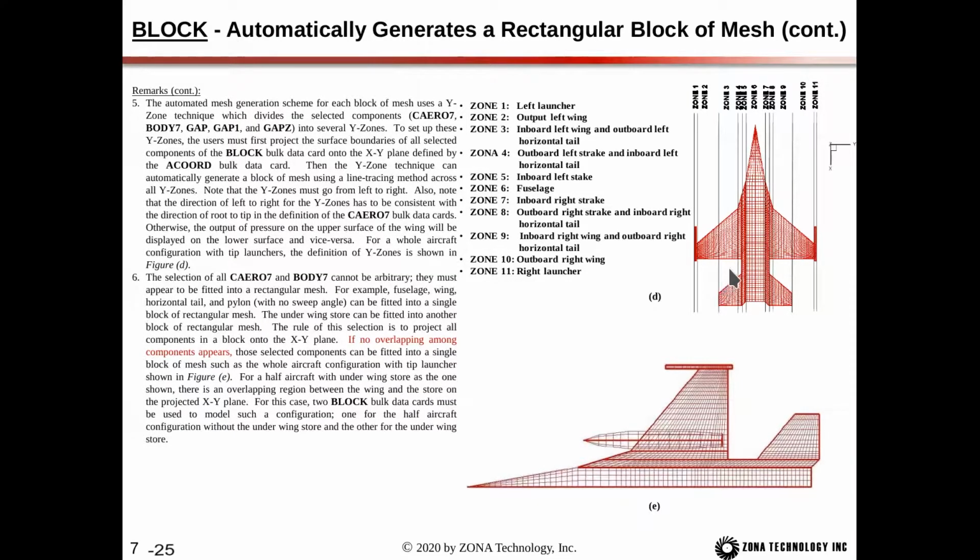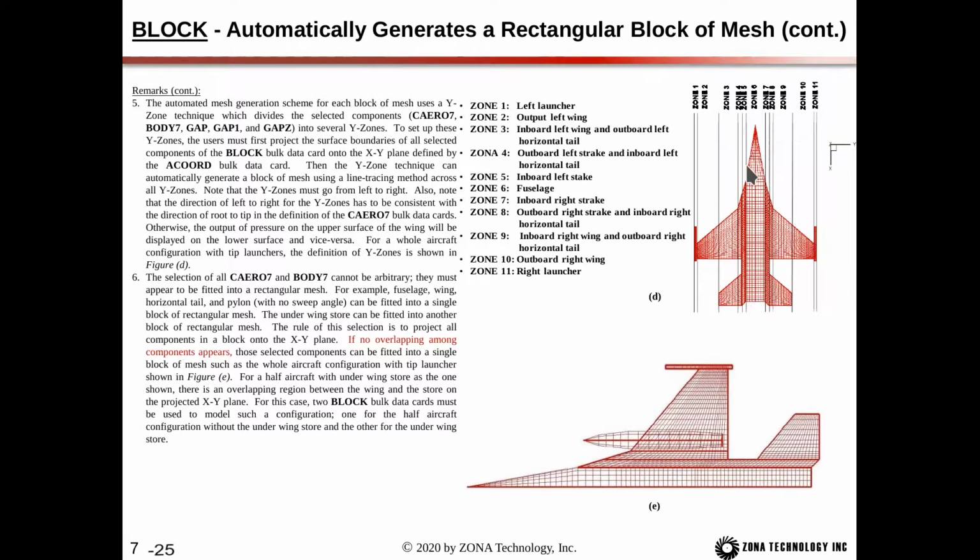So note that the left and right boundary of your body, if you recall, going back to the Body 7 card, there was a Z top and Z bottom field in the body 7 card to define the upper and lower surfaces or points of the body box. However, there was no Y left and Y right. The reason is that the Y left and Y right boundary of the body 7 is defined by the Y zone.